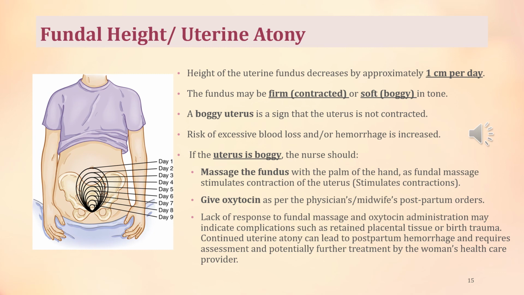If we are using oxytocin and we've massaged that fundus and it's not returning to that contracted state, then I'm going to be concerned about, are we moving into a postpartum hemorrhage kind of a situation? So at that point, we need to call a physician. But make sure anytime you call a physician, we have a new set of vital signs and you've completed your assessment before you give them a call.